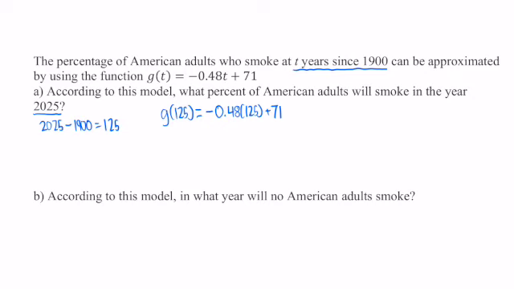Negative 0.48 times 125 plus 71, we end up with 11. So here our answer, written in words, would be 11% will smoke in the year 2025.